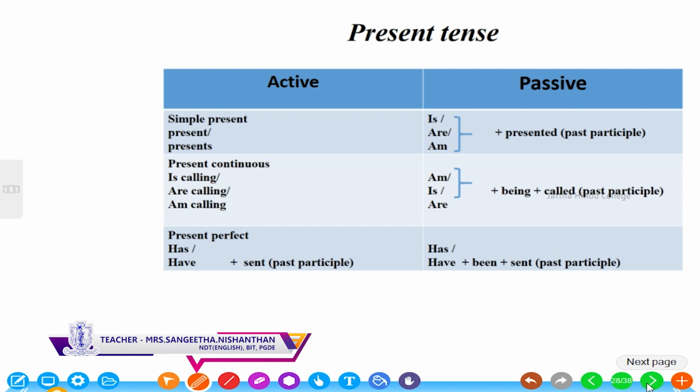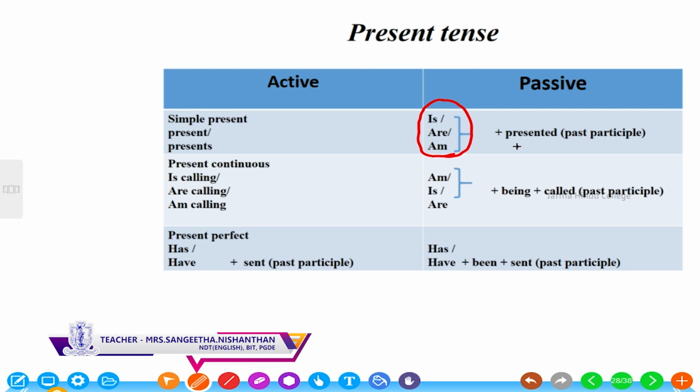If the subject is plural, it will be present. It is changed into the be verb I am, is, or are. It depends on the object: I am, is, or are, plus the past participle of the main verb present.